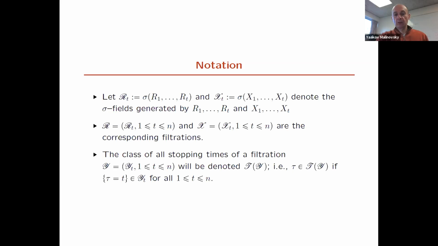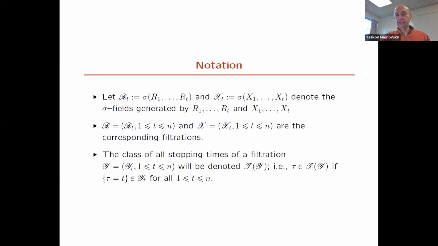The class of stopping times of a filtration Y we denote by tau_Y. This is the class of stopping times, which means the event tau equals t belongs to Y_t for all t between 1 and n.